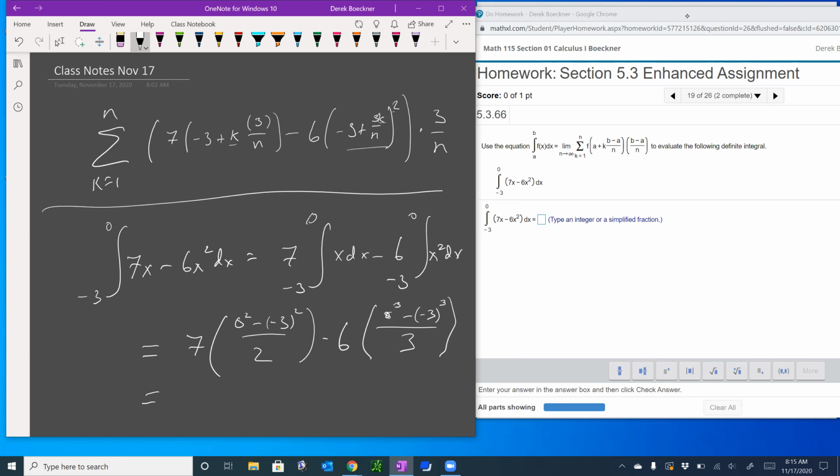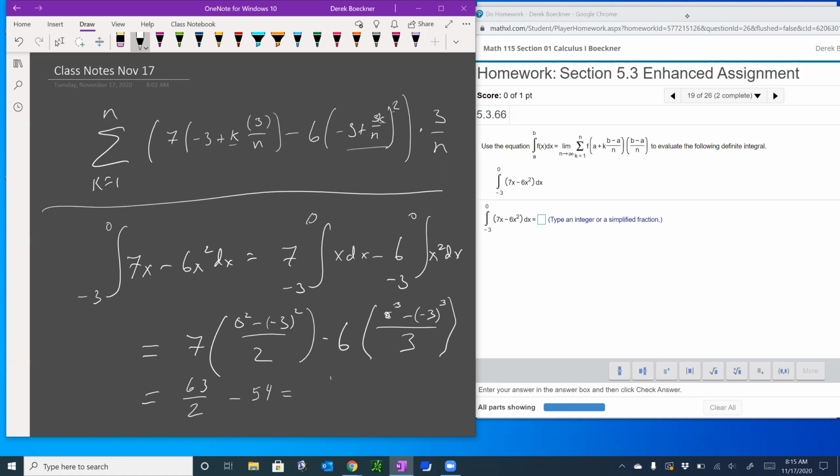That's 9 halves, 63 halves, minus, well, I've got 4 negatives there, so that's a positive. There's a 5th negative, which makes it negative again. It's 27 over 3, which is 9, and 9 times 6, which is 54.